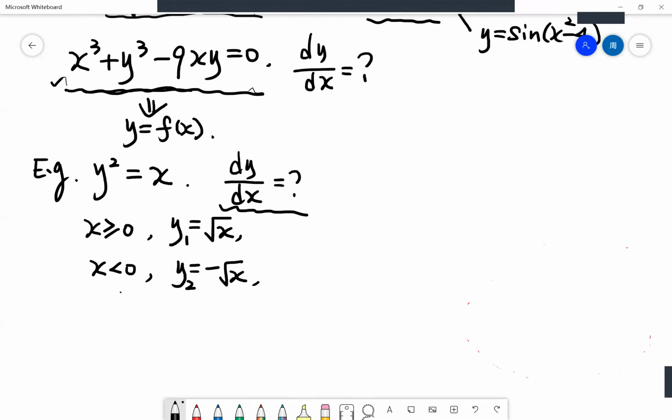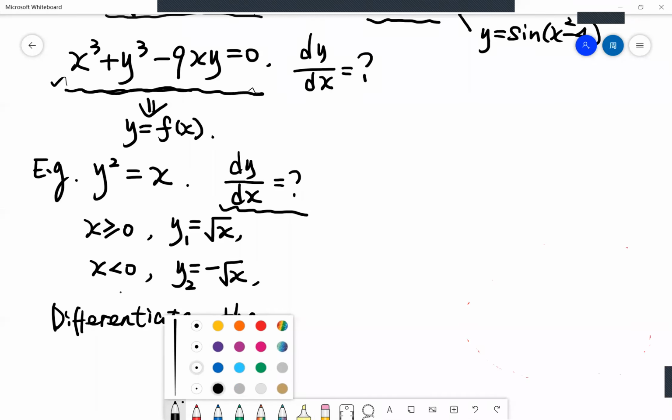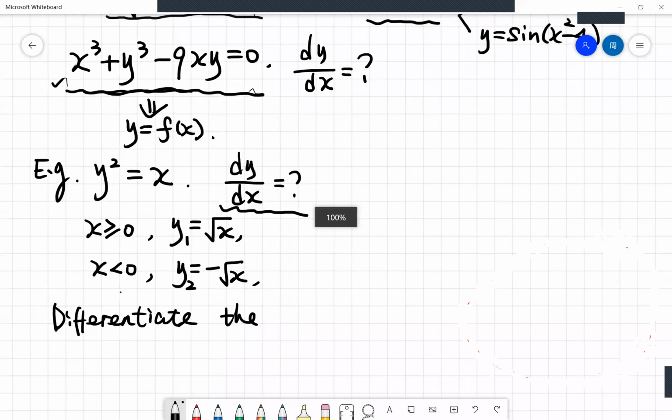But here we can differentiate the equation or the function on both sides.